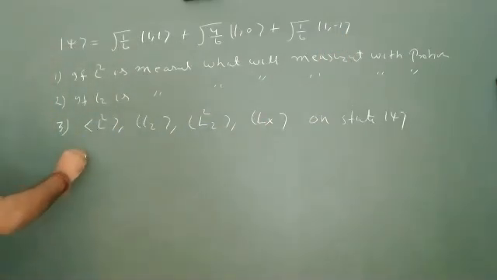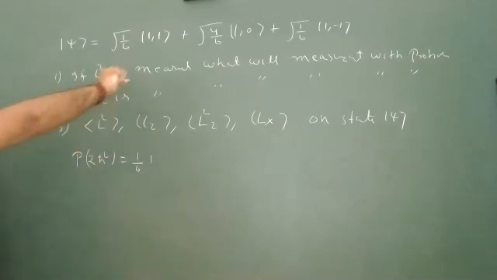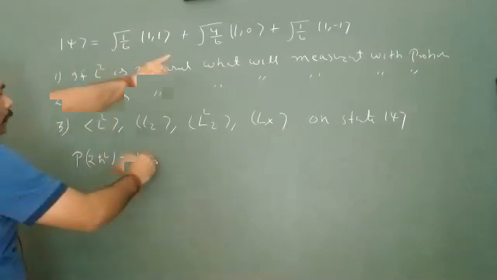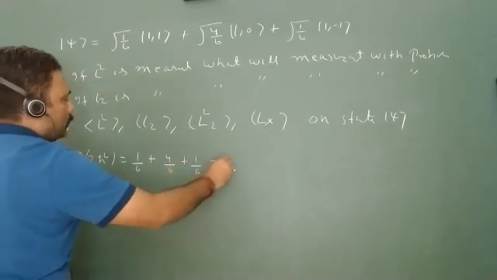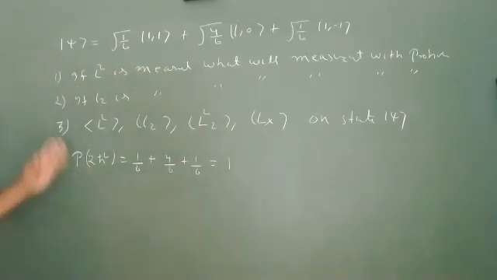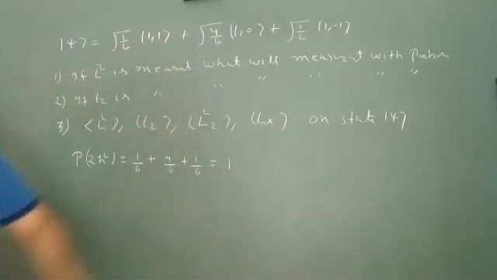The probability of measuring 2h cut square is 1 by 6 plus 4 by 6 plus 1 by 6, that is 1, because they are all degenerate for L square.